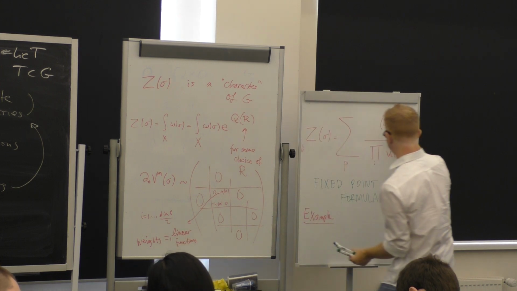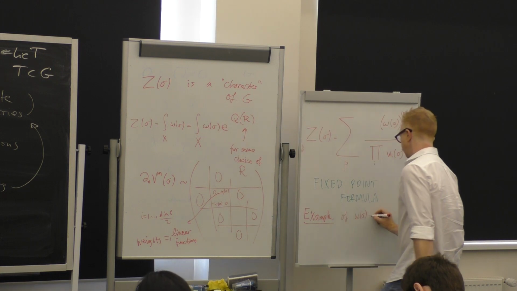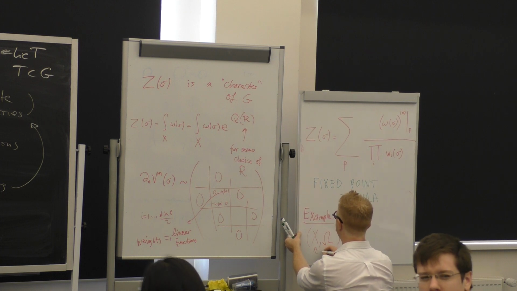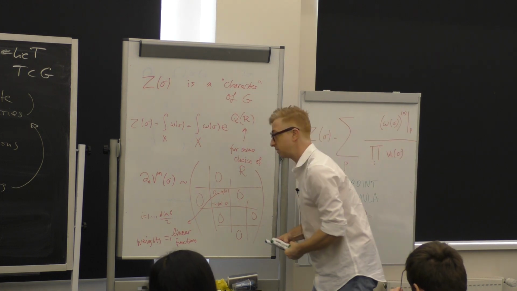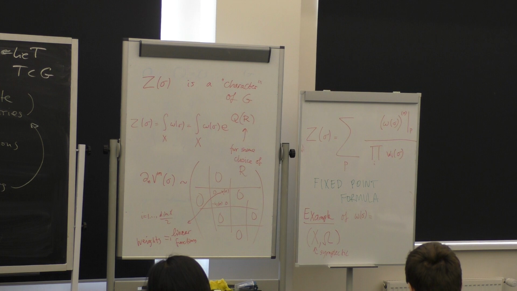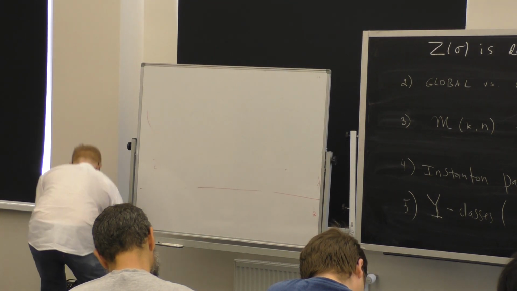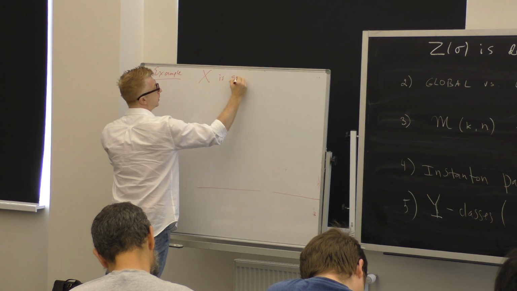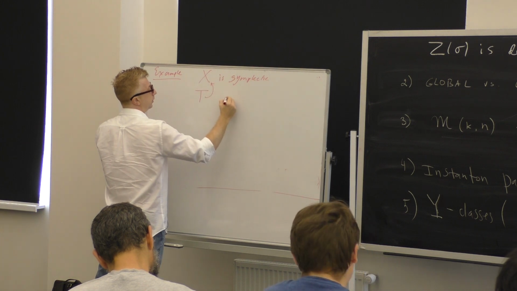so the example of an equivariant form omega of sigma is for a symplectic manifold X. So suppose X is symplectic, and there is an action of the torus which is Hamiltonian.